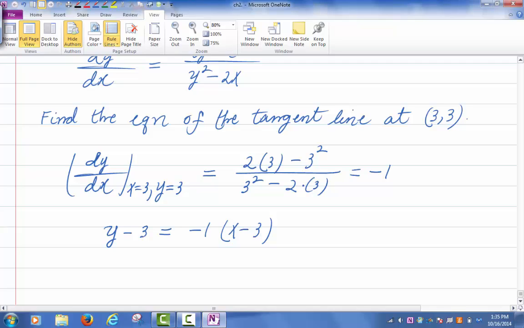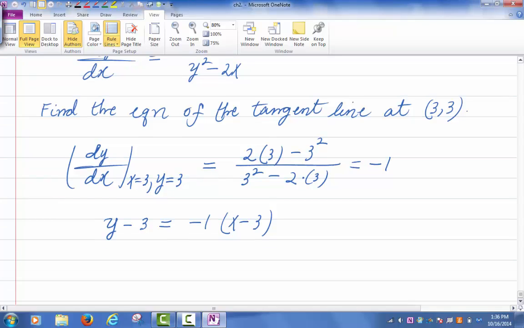Is everybody okay with that? You will see similar questions in your homework. You'll be given an equation, you'll be asked to find the equation of the tangent line at a given point on the graph of that equation. Is everybody okay with that?